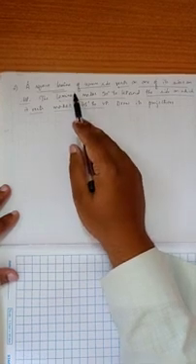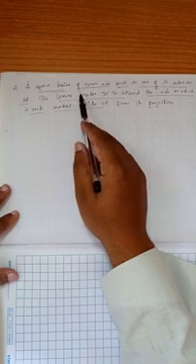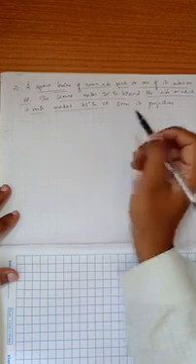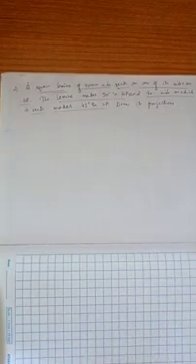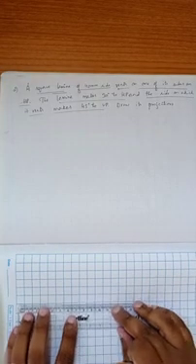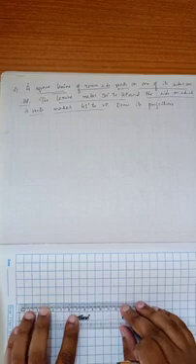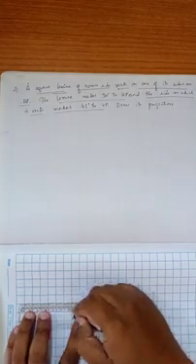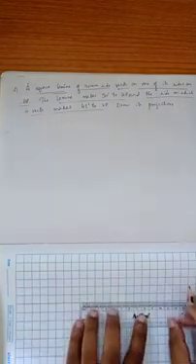So first we start with the first position, that is the construction of a square of 40 mm side with one of its sides on HP. So first we draw an XY line. We know that our problem starts with the XY line, and from here onwards we have to use only the first quadrant.